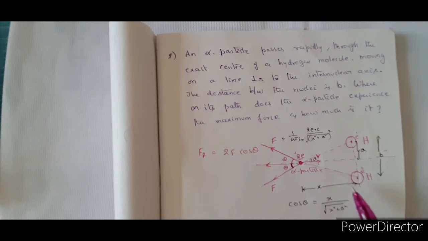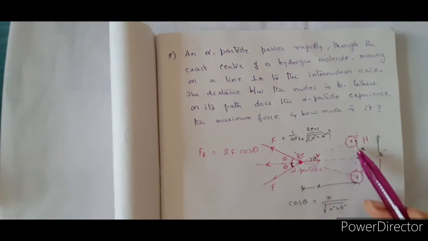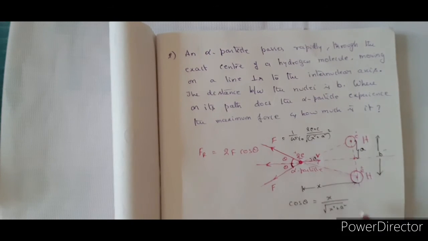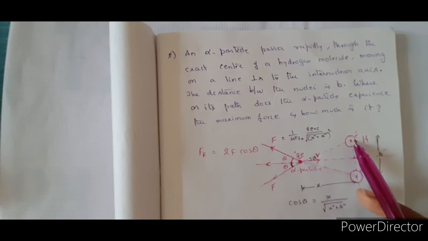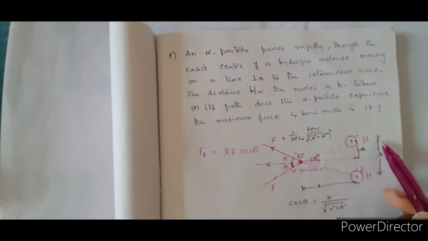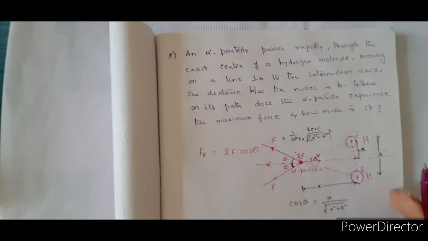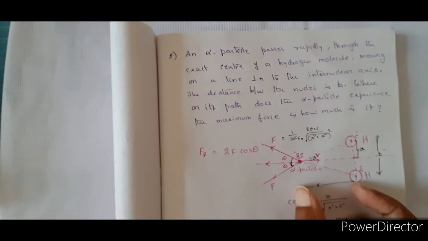And you can see very easily that since this is the one which is passing perpendicular to the axis and through the midpoint, the distances are also the same. What is this distance? If this is B, let B by 2 be equal to A for simplicity, and X is the distance.